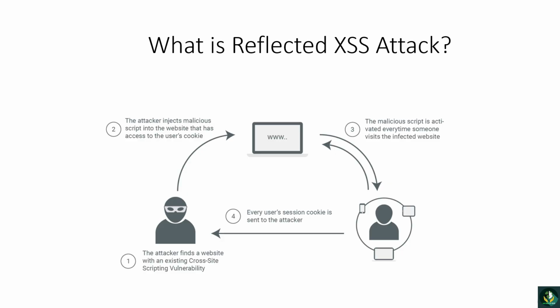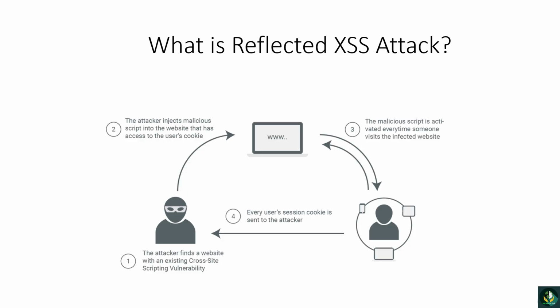To distribute the malicious link, a perpetrator typically embeds it in an email or a third-party website like social media. The link is embedded inside anchor text that provokes the user to click on it, which initiates the request to exploit the website, reflecting the attack back to the user.